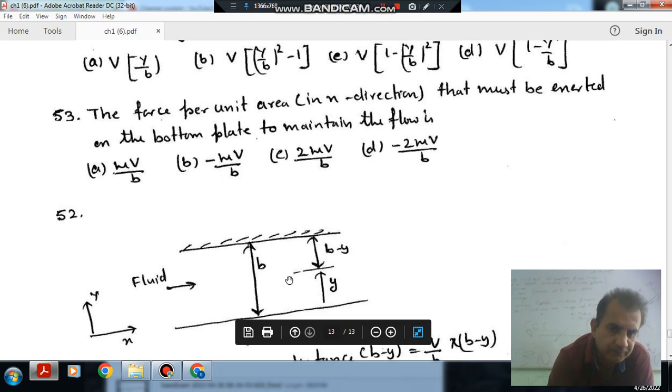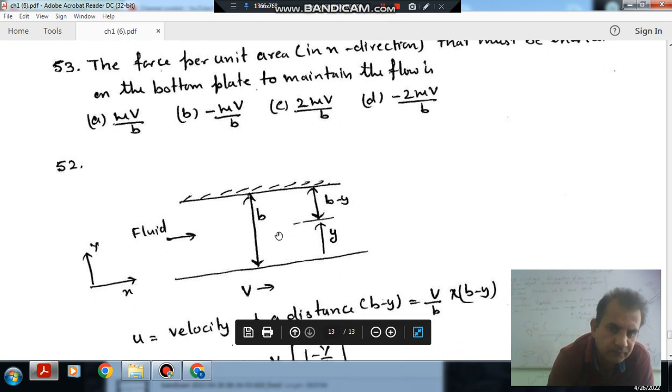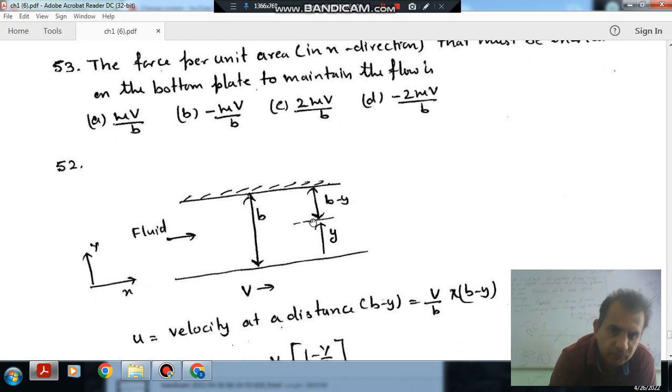Now take any element of fluid at a distance y from the moving plate. This distance is y and this distance is b minus y.